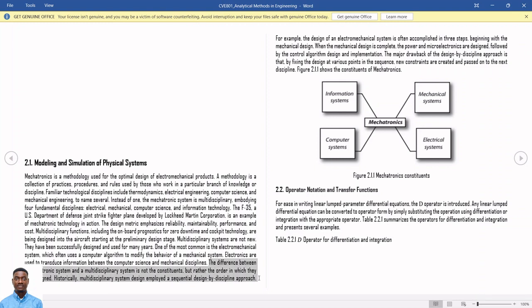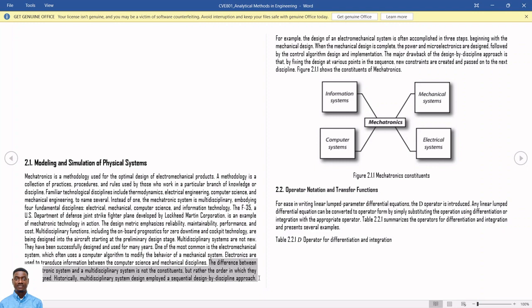What we must also note is that the difference between a mechatronic system and a multidisciplinary system is not about their constituents. Both encompass more than one discipline. But where they differ is the manner in which these systems are designed.